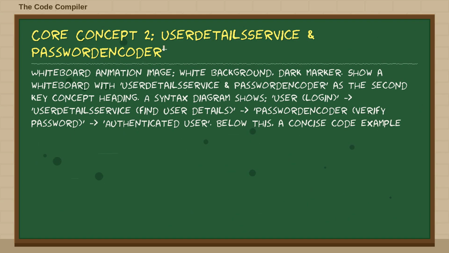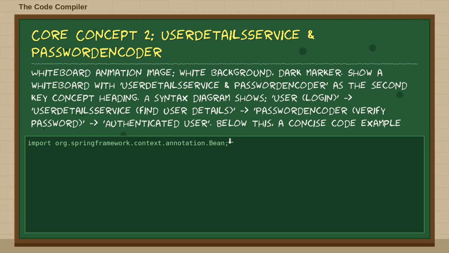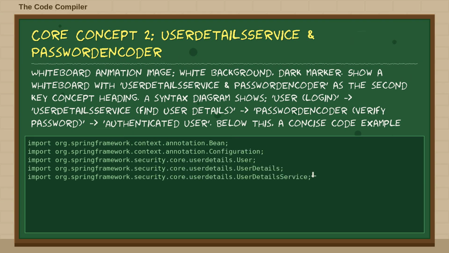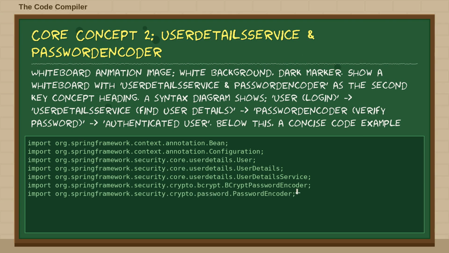Below this, a concise code example for an in-memory UserDetails manager and a crypto password encoder bean is presented in a box. Arrows point to important parts like encode. Clean educational style. No people.